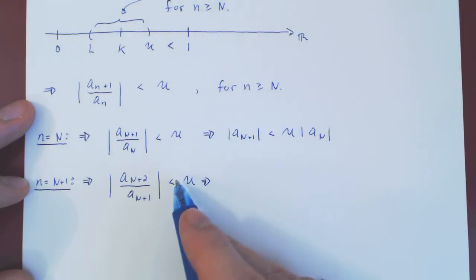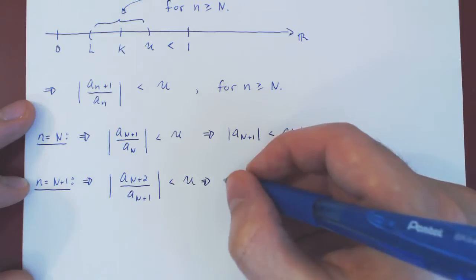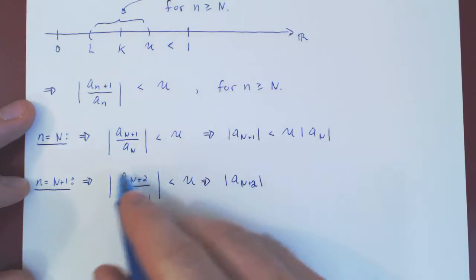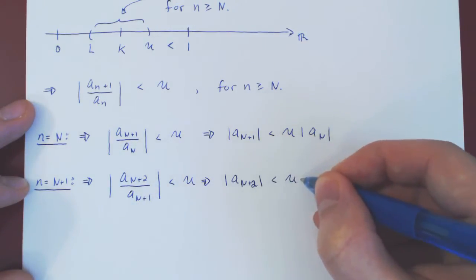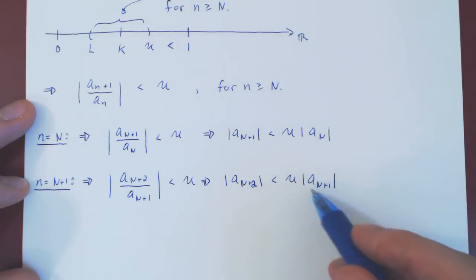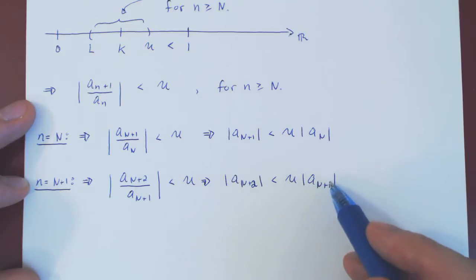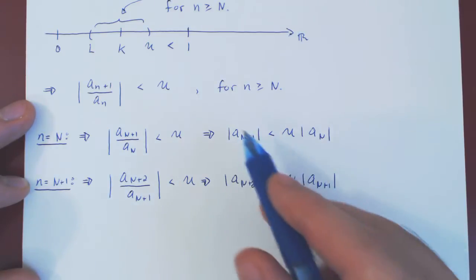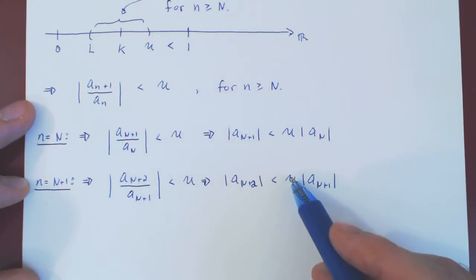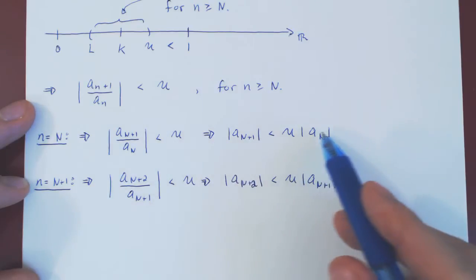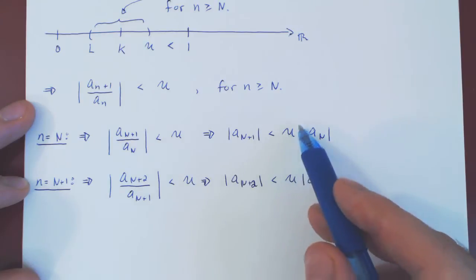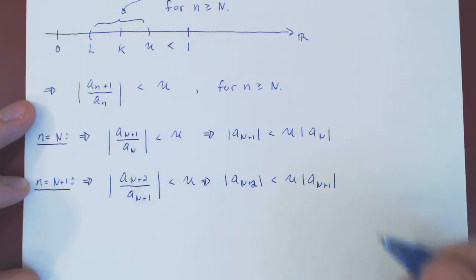Multiply across the inequality by |a_{N+1}|, which gives you that |a_{N+2}| is less than u times |a_{N+1}|. But now we can look back at our previous inequality. |a_{N+1}| is strictly less than u times |a_N|. As u is positive, or maybe 0, we can multiply u across the inequality and see that u times |a_{N+1}| will be less than u times u, hence u squared, times |a_N|.